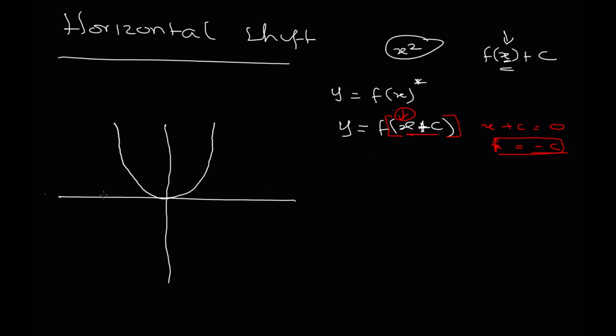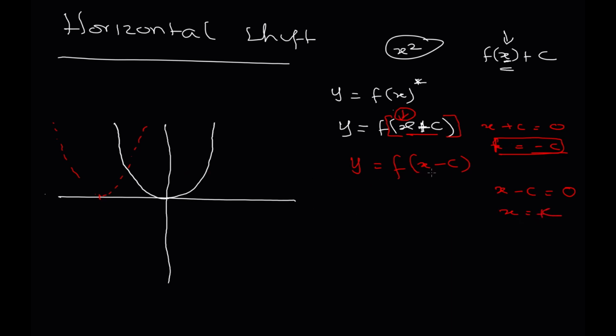Then this moves c units along the horizontal plane. Okay, and then if I were to say y is equal to f(x minus c), for me to maintain this, it means that this has grown, so I will have something like that plus c.